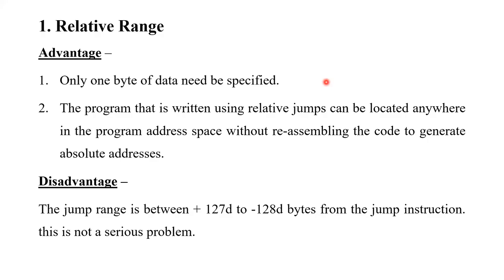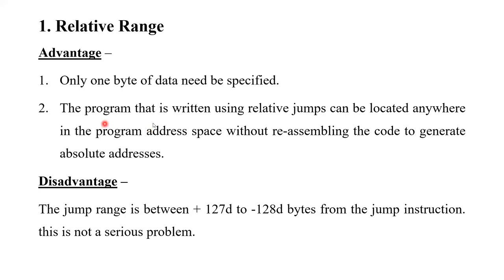It requires only 2 bytes. The first one is the opcode, the second one is the address. That byte of data is nothing but the relative address, and it is only between plus 127D and minus 128D, because we need only 8 bits to address this range. That is one of the advantages of the relative range.